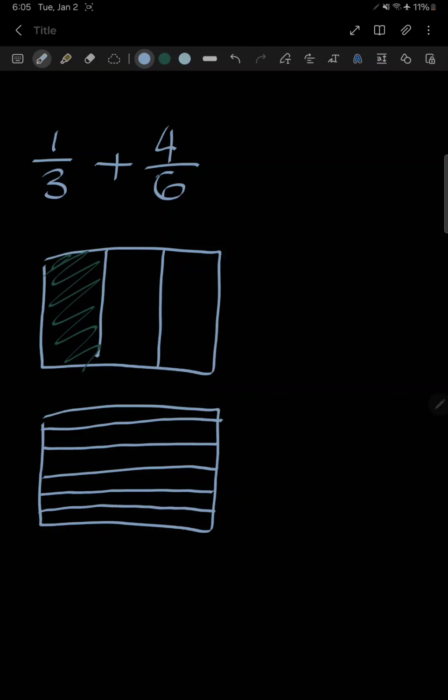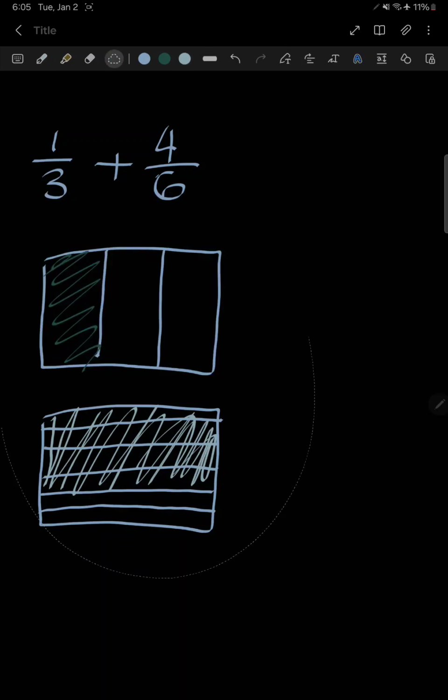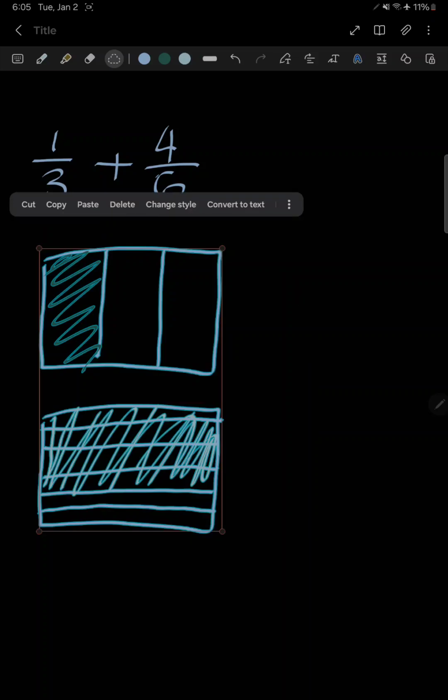Okay, so there's my 6, and I need to shade in 4 of them. So here's 1, 2, 3, 4. Okay, so there is 1/3, and there's 4/6, and I'm going to go ahead and turn those into equivalent fractions.